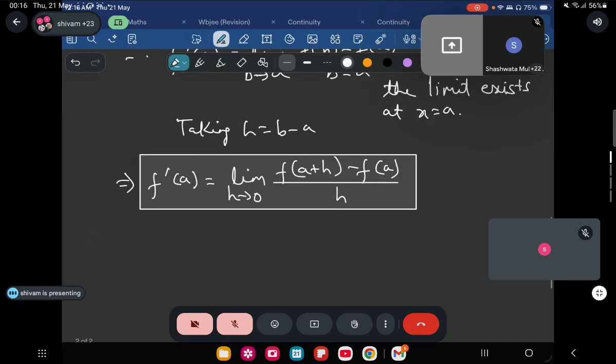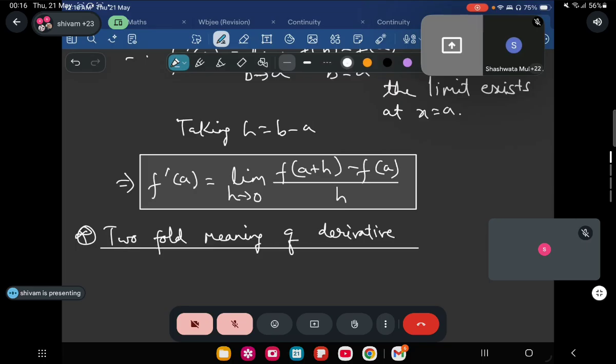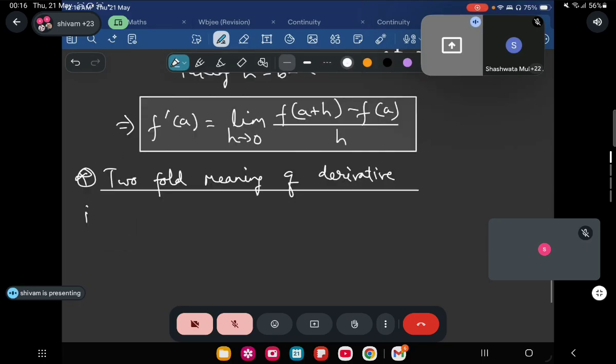Okay, twofold meaning of derivative. There are two different meanings of derivative. Pay attention. Number one, geometrical meaning.